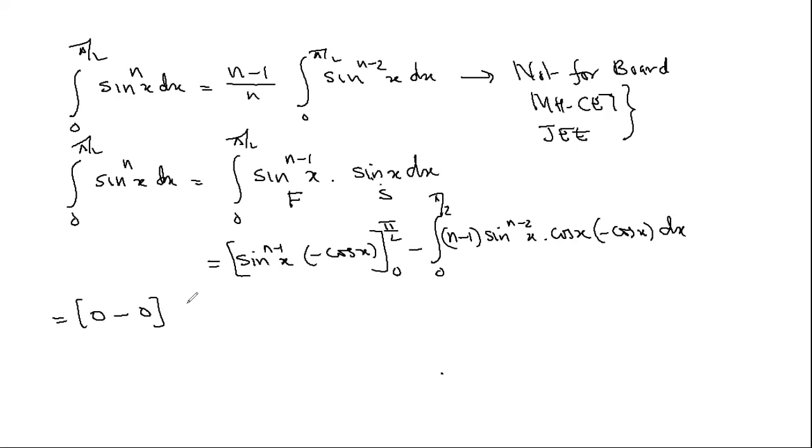Then this n minus 1 will come outside. Minus and minus will make it plus. Sine to the power n minus 2 x into 1 minus cos square x. Cos square x is 1 minus sine square x. When you open this bracket, you get two terms.